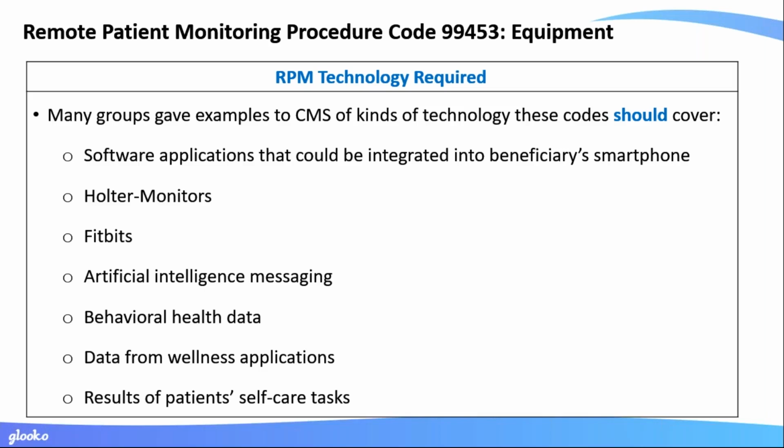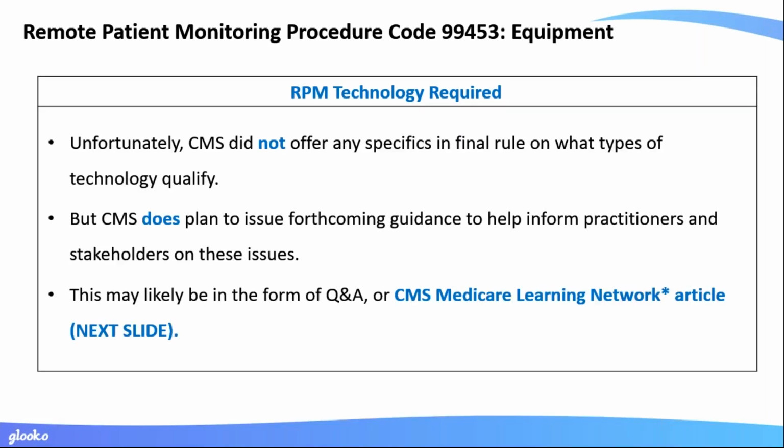I have another slide on that coming up. Holter monitors are, we know that. Fitbits, we're not so sure about that. And like the Apple Watch, I'm not trying to be brand specific, and I'm not being paid by any company to mention a brand name. But we have to be careful because we don't have a lot of precise guidance from CMS at this point, okay?